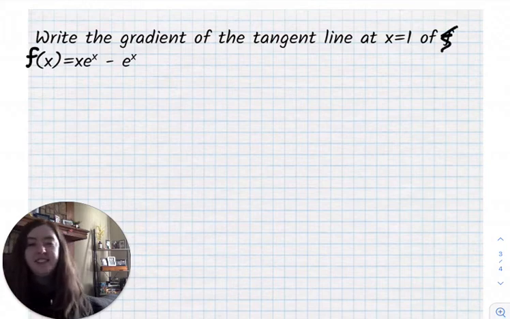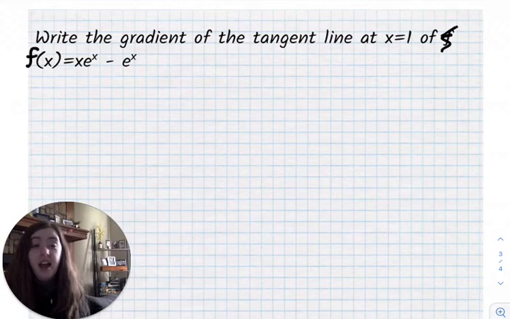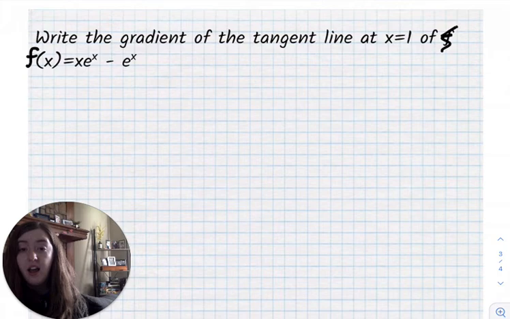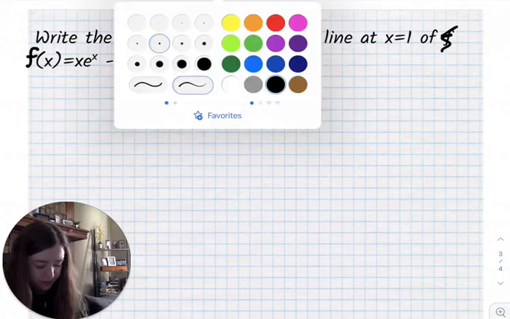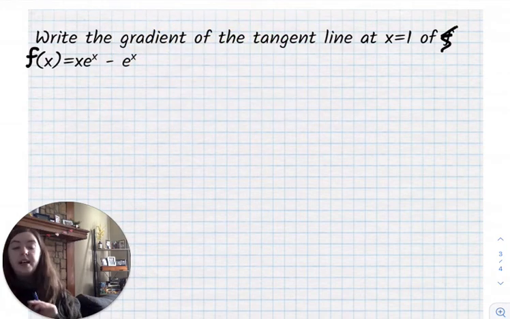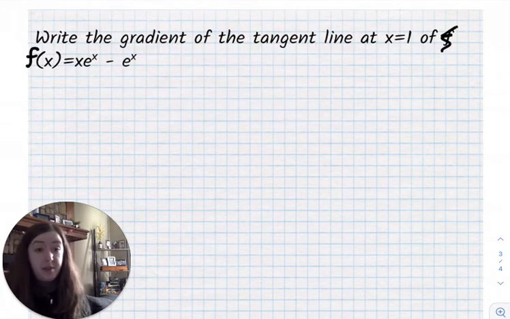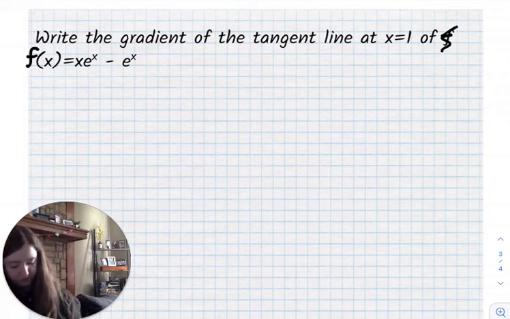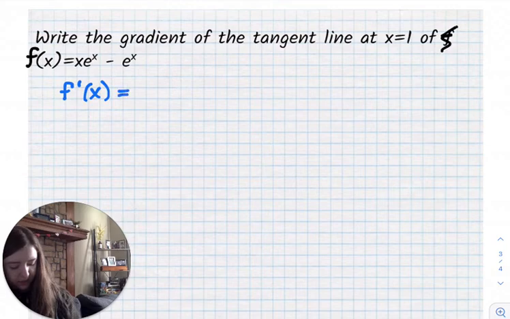Here, let's change. Better. So we want to write the gradient of the tangent line at x equals 1 of f of x equals x e to the x minus e to the x. Okay, like I told you earlier, take a breath, take your time. f prime of x equals.